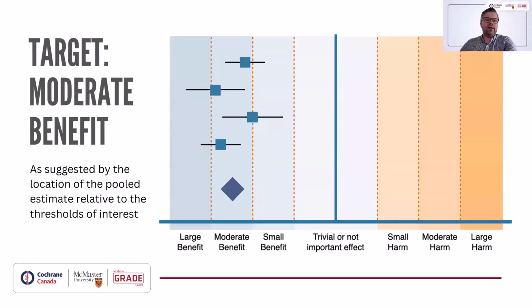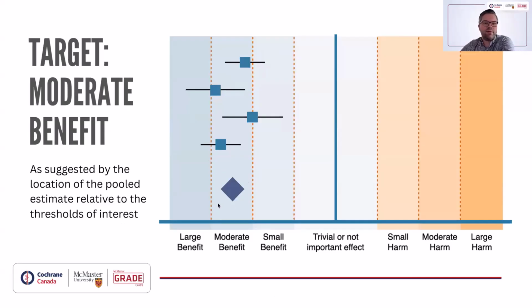And here, to illustrate graphically, if we consider what is our target of the certainty rating, so for example, moderate benefit. If we have multiple studies included in our systematic review, each with their own effect estimate for a given outcome and 95% confidence interval, our target for the certainty rating, that being a moderate benefit, is that as suggested by the location of the pooled estimate relative to the thresholds of interest.